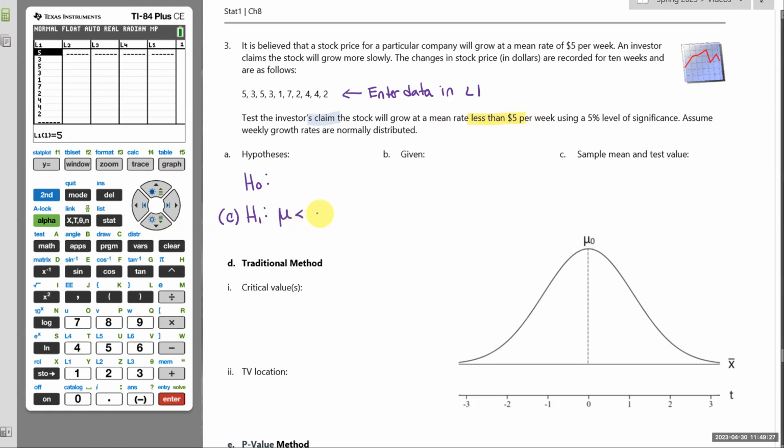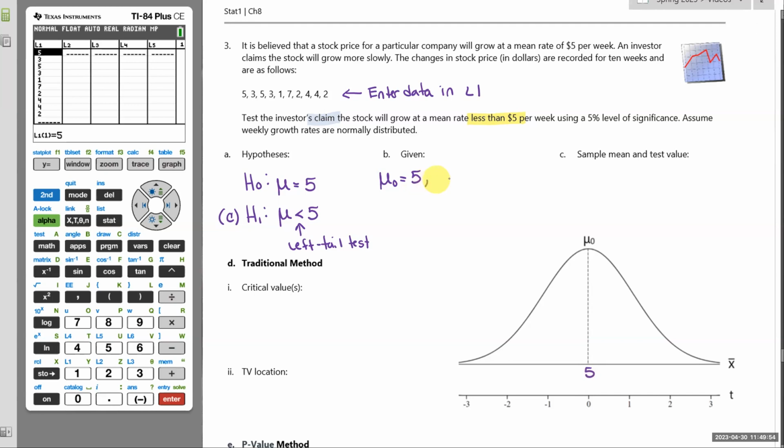So less than, so our left tail test. The null hypothesis equal. So we'll start with assuming that mu naught is $5. On our picture, we'll assume the mean is $5, unless we get some evidence to the contrary.